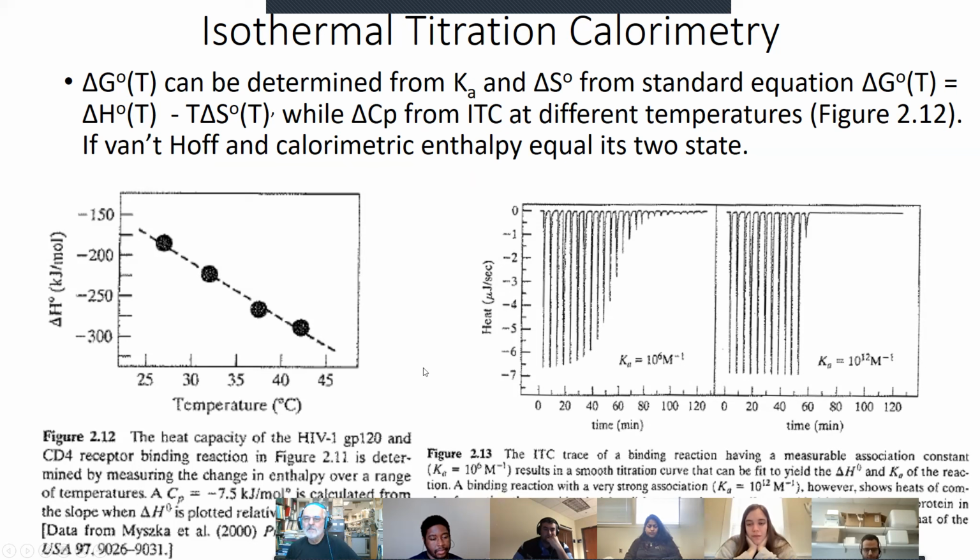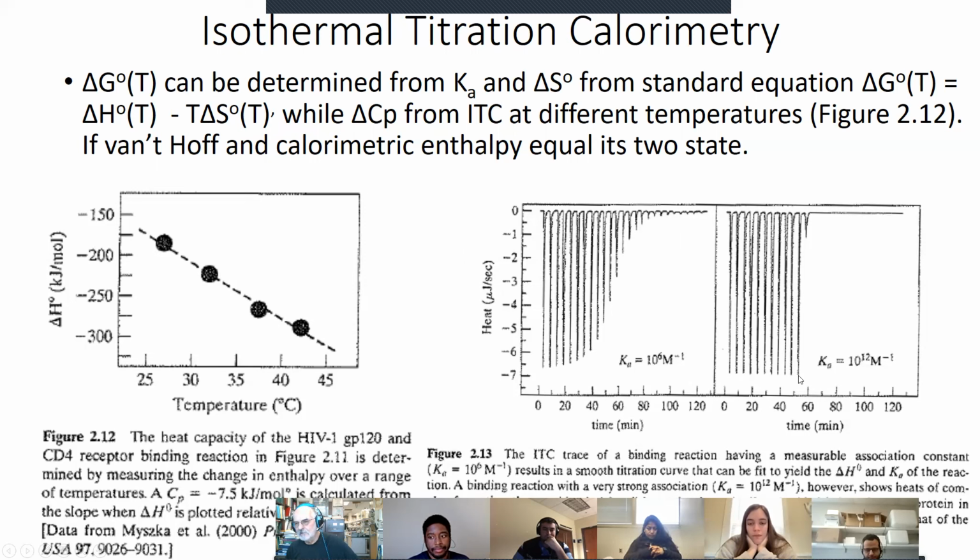Okay. The figure on the right here is showing you a situation where the affinity is really tight. When the affinity is really tight, all the ligand that you add binds, and you get a complete reaction with however much ligand you add. You never get a diminishing curve. It all binds, it all binds, it all binds.